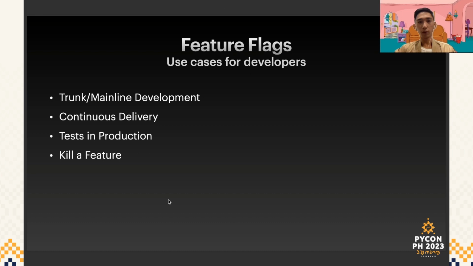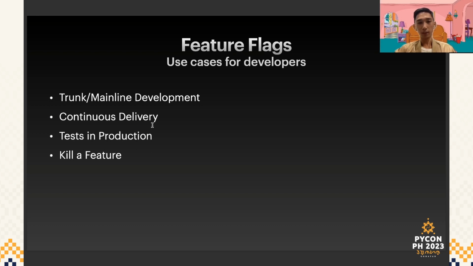And we have feature flag use cases for developers. So we have trunk or mainline development. By having toggles on the feature, we can easily work on the main branch, and we can just turn off some features that are not yet completed. Same goes with continuous delivery.